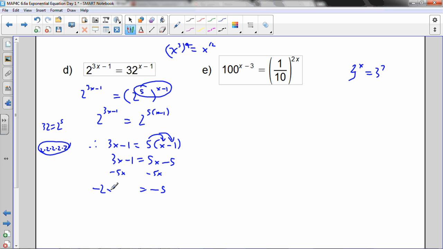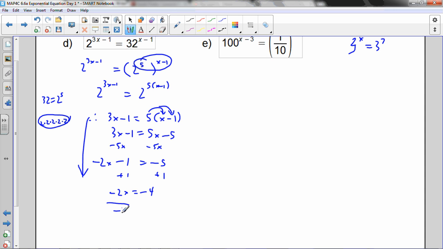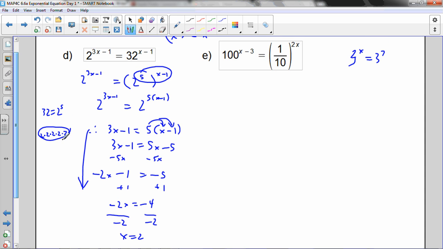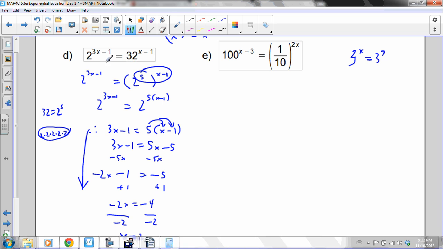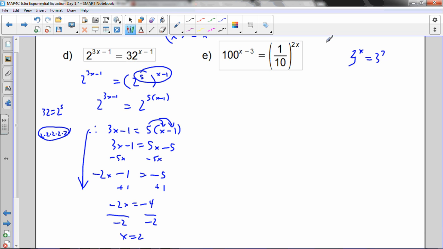Here, I'm left with minus 2x. I'm copying down the minus 1 for now. Adding 1 to both sides is the next step. Equals minus 4. Finally, the last step, dividing by minus 2. x equals 2. And if I went back and put that into the original equation, I'd see that the left side is equal to the right side.